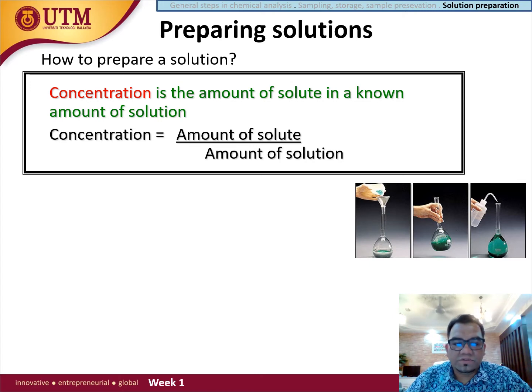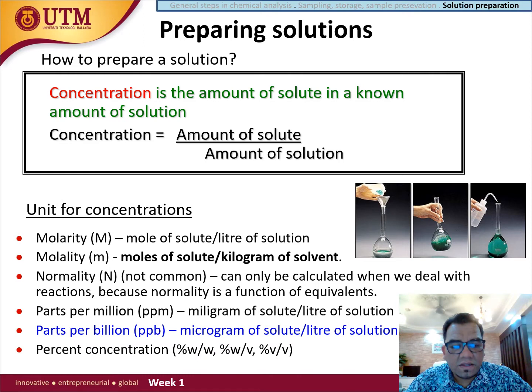Right? So concentration is the amount of solute in a known amount of a solution. So what is a concentration? It is the amount of solute divided by the amount of solution. For the units of concentration, the first one we have is molarity, which is the moles of solute divided by the liters of solution. The second one is molality.